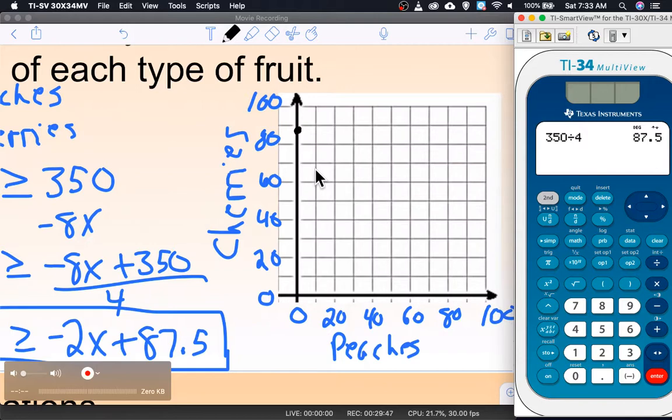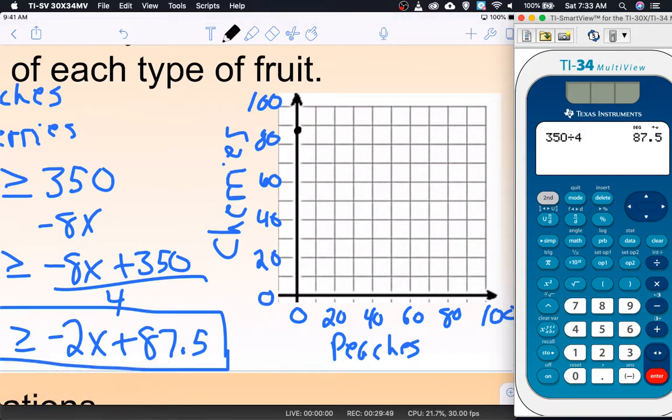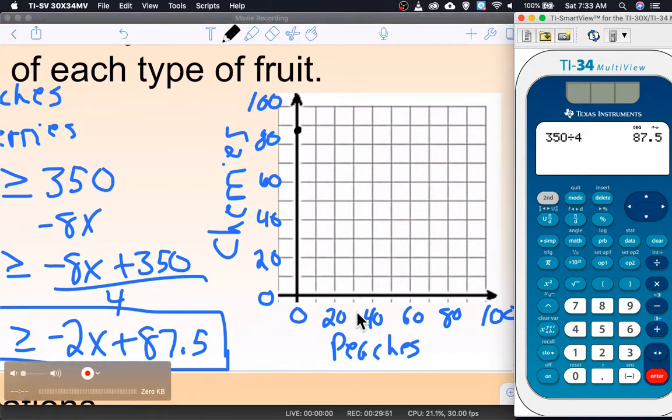We're only allowed to do that because we have the same scale on the x and y axes, because in this case, down 2 boxes is down 20, right? We're counting by 10, so down 20 and over 1 box, that's 10. That is the same thing as down 2 over 1.